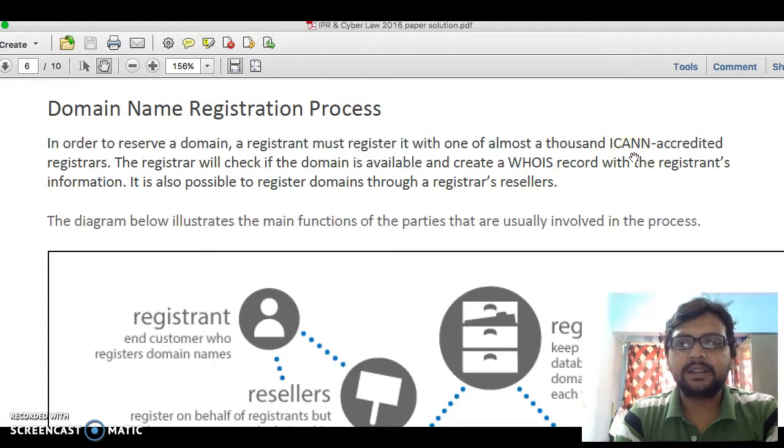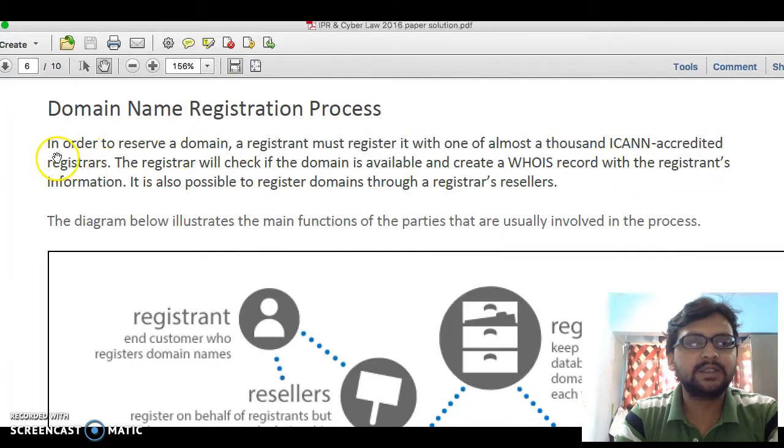We'll discuss those dispute resolution policies in some other lecture: if I allot a domain name to a person and it goes into dispute, how to resolve those disputes.